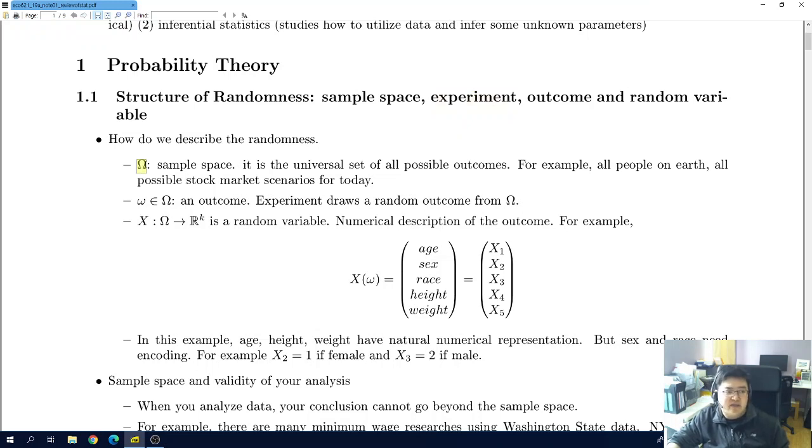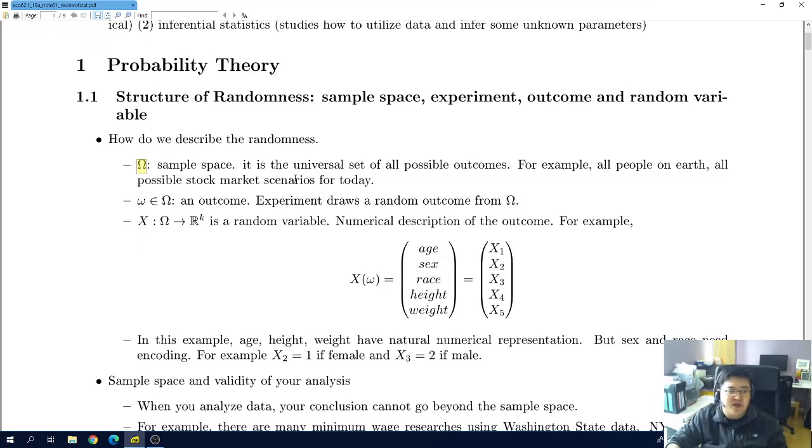Capital omega is the sample space, which is the set of all balls in the box. In the black box, there are a lot of balls, possibly an infinite number of balls, and you put your hand there and choose one random ball, and the collection of the balls in the box is omega.